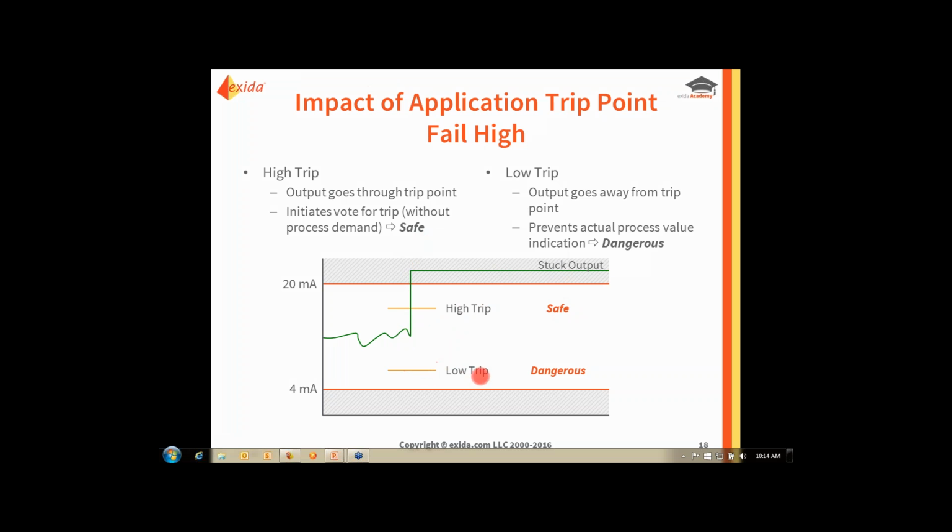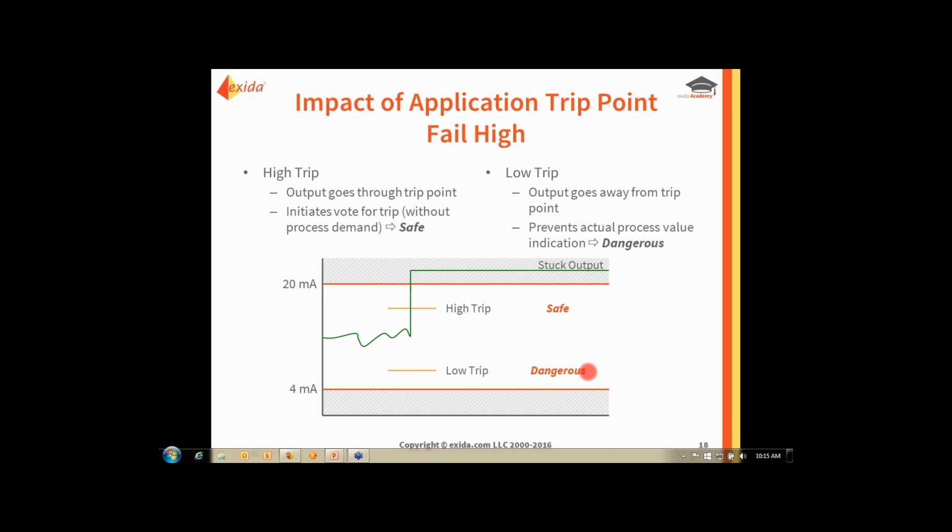Well, what if I have a low trip application? In case of a low trip application, that fail high failure will go away from the trip point. It will not initiate a trip. It will actually prevent the transmitter from initiating a trip because it's stuck in that overrange. So that is a dangerous failure.